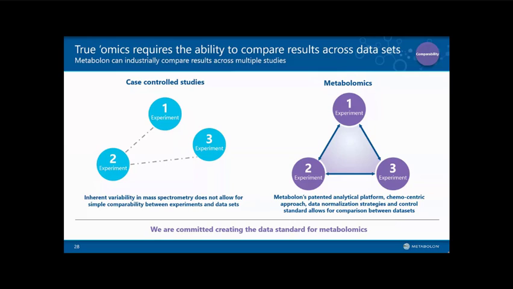For metabolomics to be the most impactful on science, we have to create a data standard, and Metabolon is committed to being and creating this data standard for metabolomics, such that anyone that runs a project with us will be able to compare, and we will be able to help them compare their data to projects run by other cohorts or run by other researchers within the community, and we will assist with those collaborations and want to help drive those interactions. So as we move forward, comparability is just going to become a bigger and bigger part of metabolomics and driving its success.